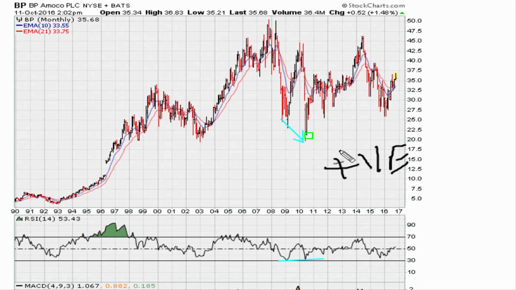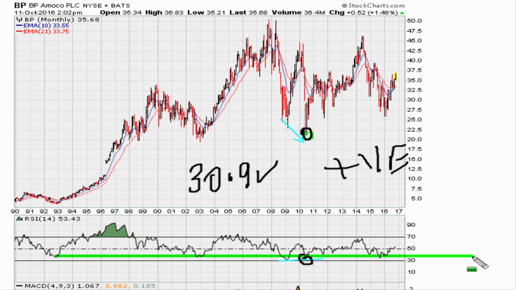Keep in mind during these lows the RSI failed, or was rejected, when it tried to go below 30.9, and that's a big deal. This failure to move below 30.9 was a sign of strength, and of course you combine that with our previous line. So we had two things going.